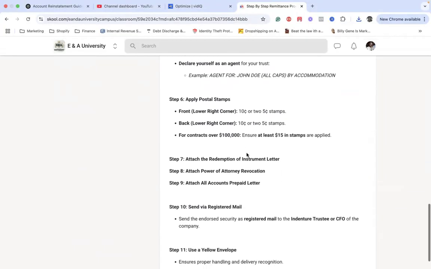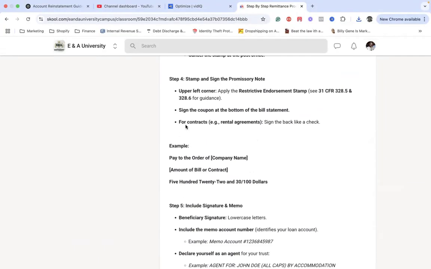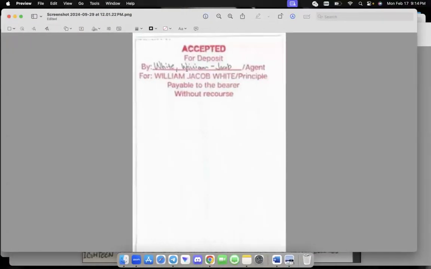So we're at this point right now where we're going to sign the back like a check. You're going to look just like this, except for deposit by your name. And remember, you're doing it for the all caps name because it's the principal.